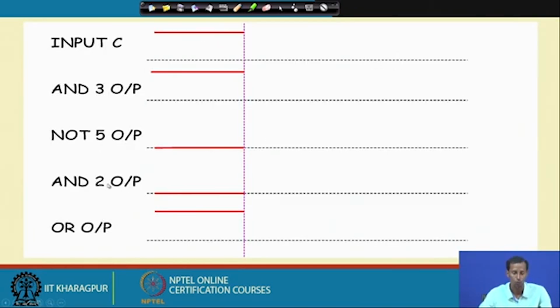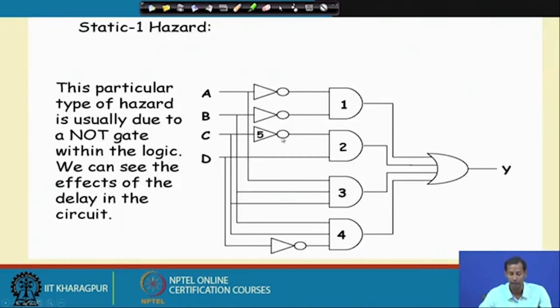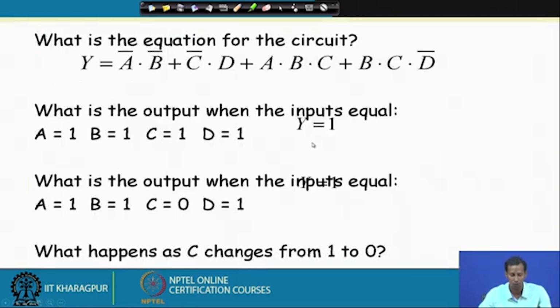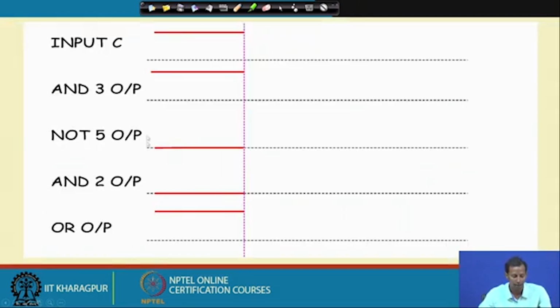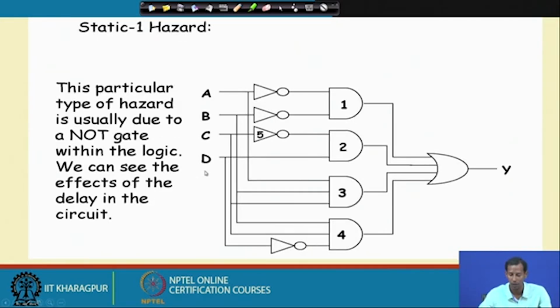Then the AND 2 output. AND 2 output is C bar into D. D is 1, but one input, C bar, is 0, so as long as C bar is 0, the AND 2 output will be 0. Then what will be the corresponding OR output?